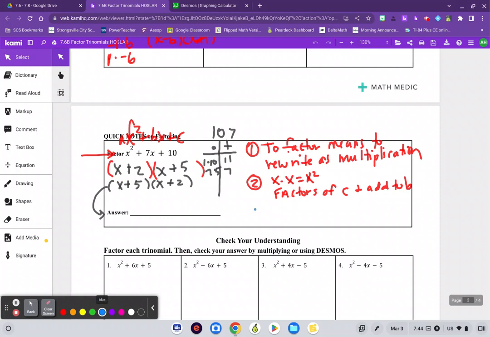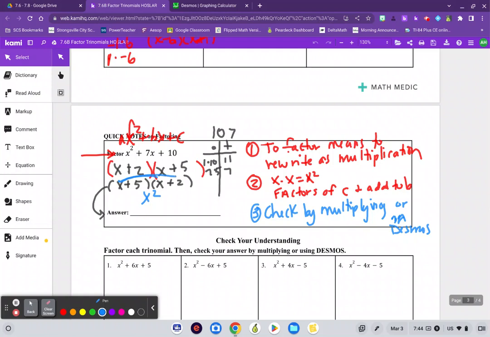But you can always check by multiplying, or on Desmos. So if I multiply this out using my box method or my break apart method, I'm going to get x times x, which is x squared.